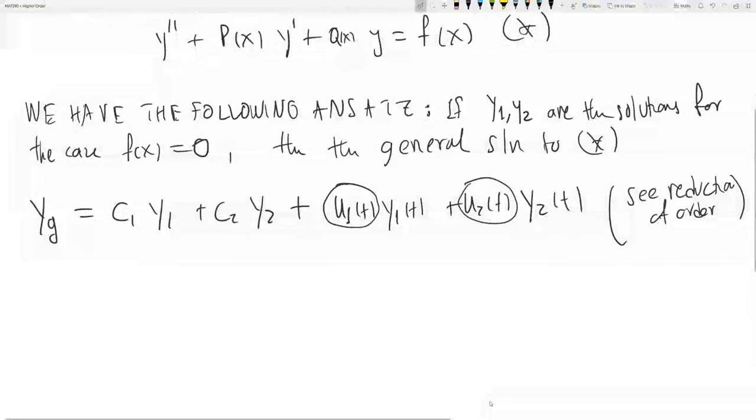You might ask, why is this a natural form? Why multiplied by u1?